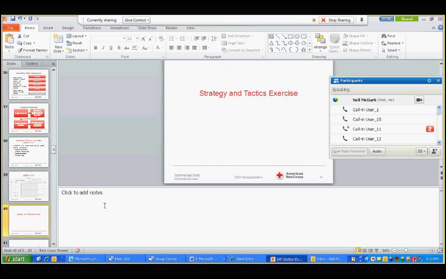So then you move into your strategy and tactics exercise. On your strategy and tactics exercise, again, there's more information and more instructions in your facilitator's guide about what that looks like. But at this point in the exercise, you'll be providing the next component of the scenario. Everyone's still working within their same groups and in their same positions.